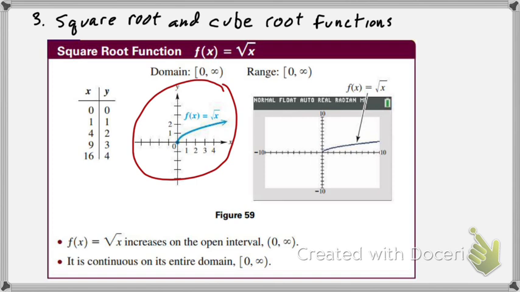Always increasing, and it's continuous over its domain. Well, if its domain is from 0 to infinity, it's continuous over that range of values. So there's a square root. This one's kind of weird. Here's a cube root.